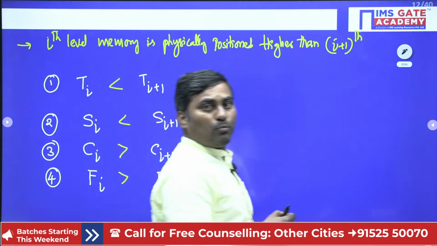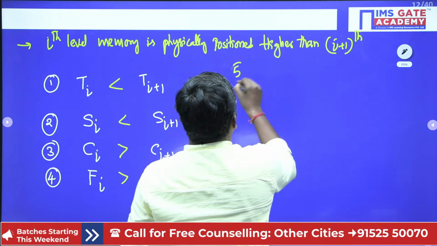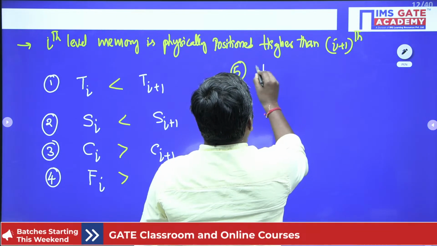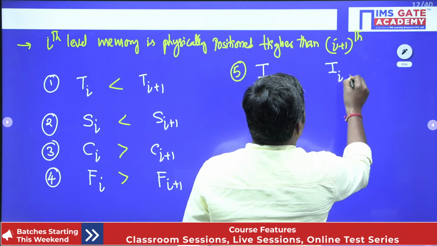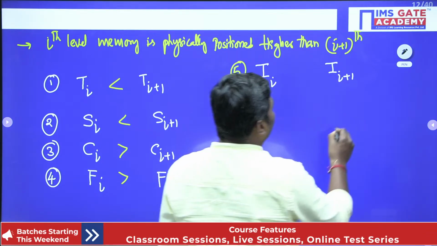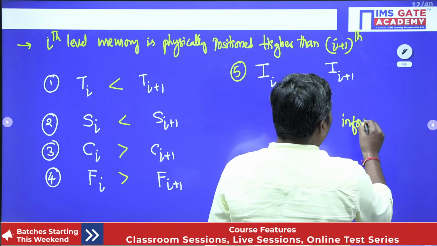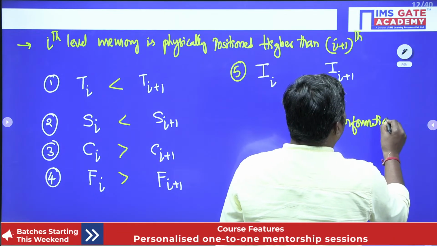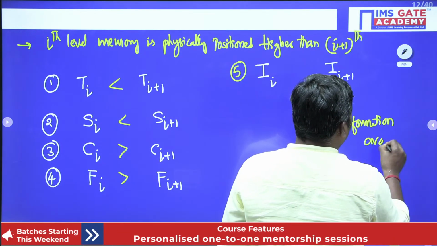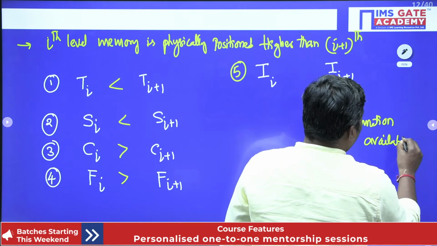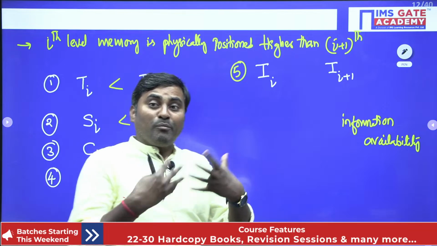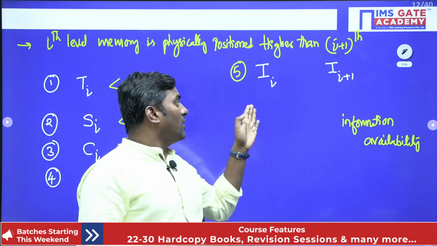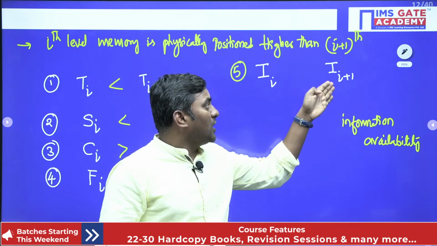Next, the fifth point. Capital I with suffix small i, capital I with suffix i+1: information availability. Information availability at the ith level and information available at the i+1 level.